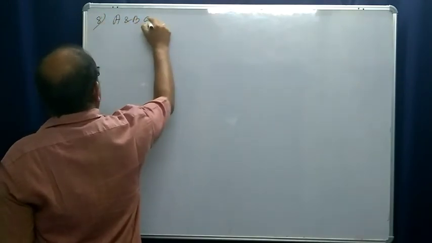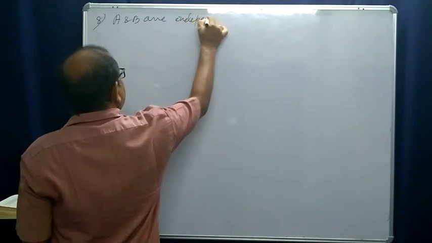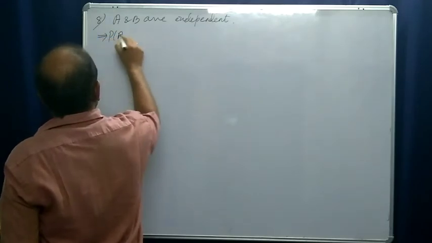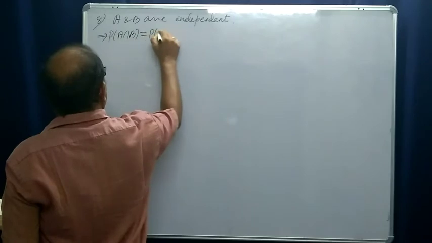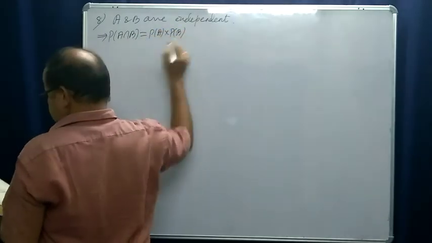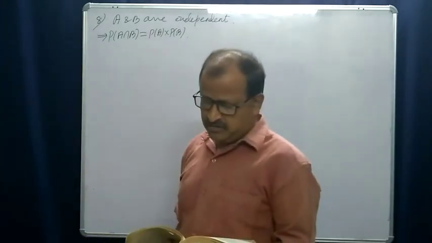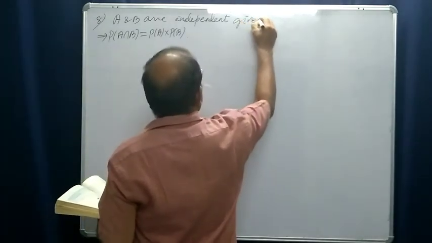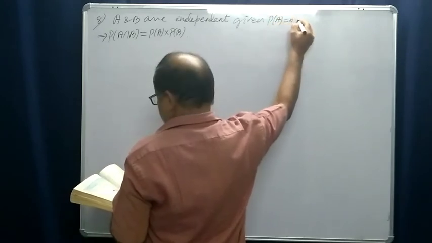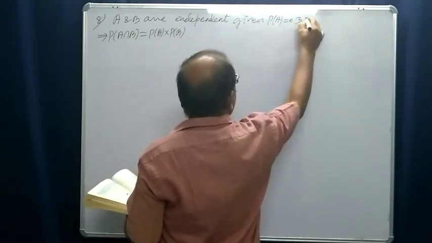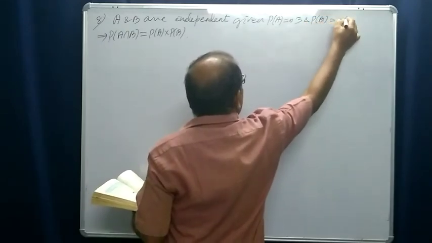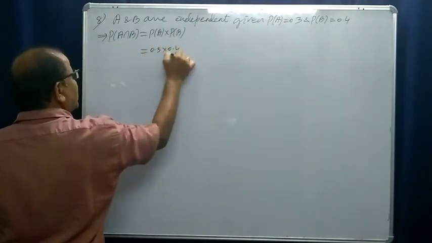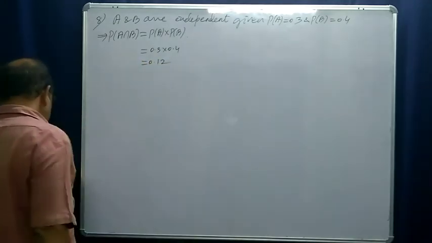A and B are independent, so the probability of A intersection B is equal to the probability of A into the probability of B. Given that the probability of A is 0.3 and the probability of B is 0.4, it is 0.3 into 0.4, that is 0.12.